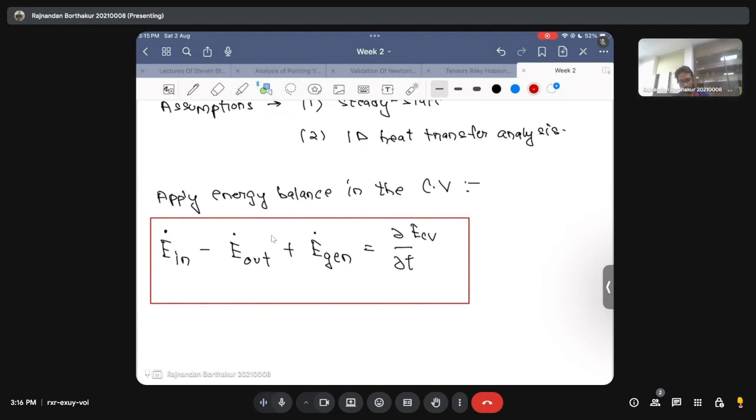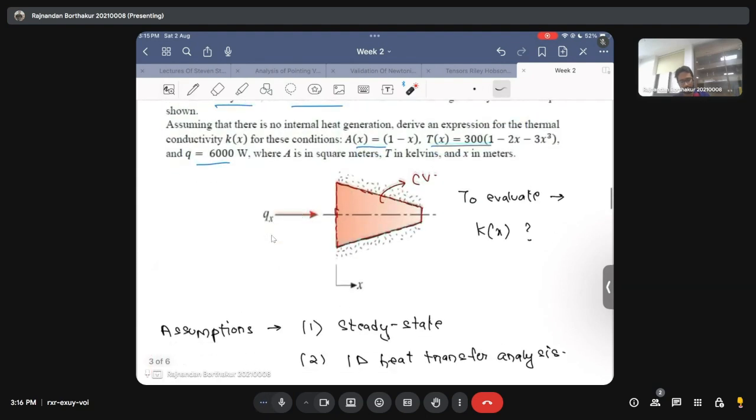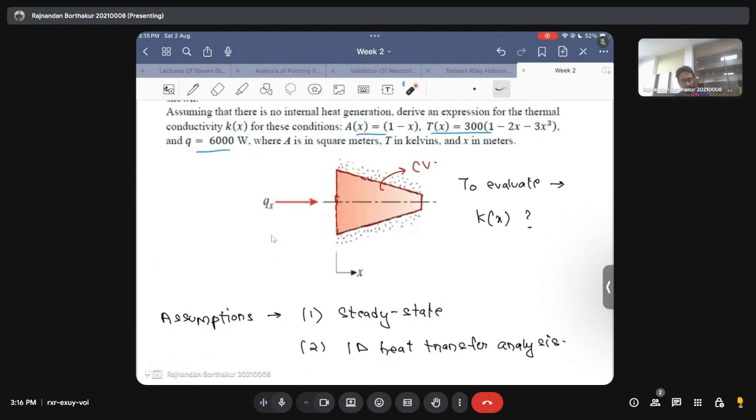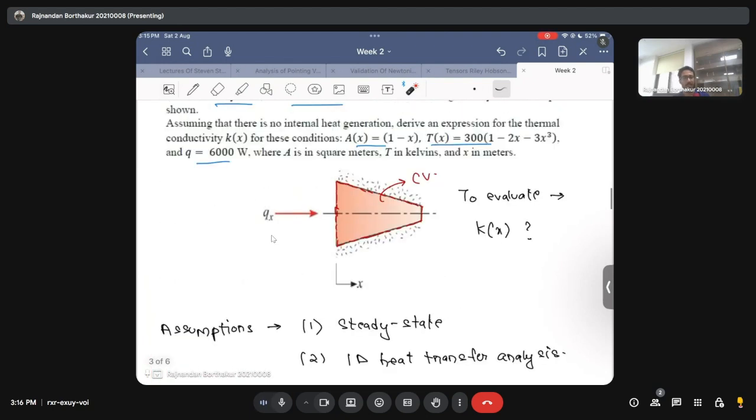I hope you are aware of this form of the energy balance. It's very simple. It says that the energy coming inside the control volume minus the energy going out from the control volume, plus any energy generation taking place inside the control volume, is equal to the rate at which the energy changes inside the control volume. That's precisely what the energy balance gives us for this particular case.